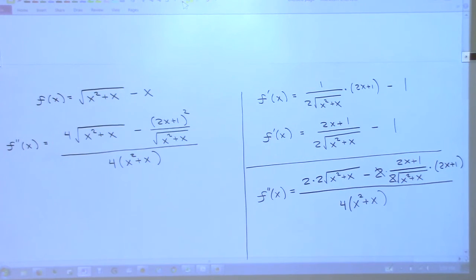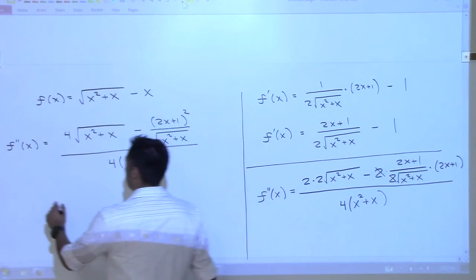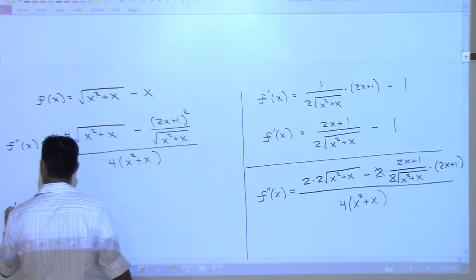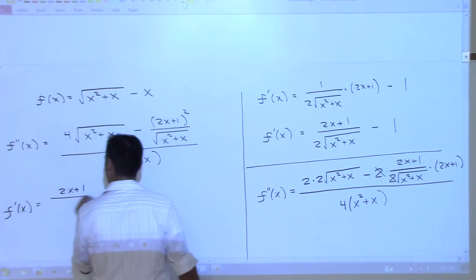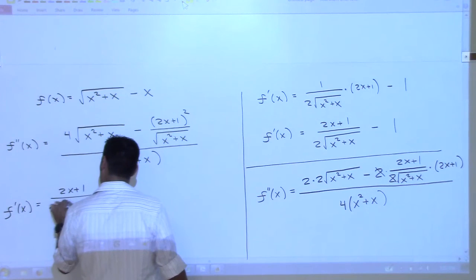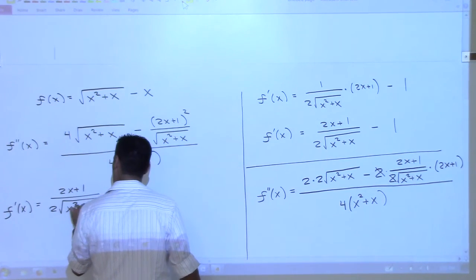We're going to work with it, but I think we've gotten it to a point where we can say, okay, we have the second derivative now. Let's now write the first derivative over here, so we have them both: 2x plus 1 over 2 root x squared plus x, minus 1.